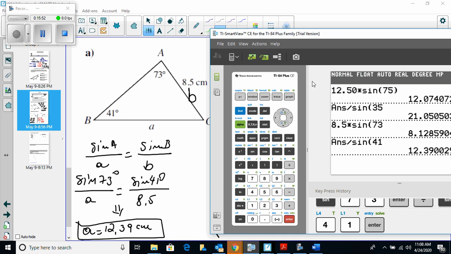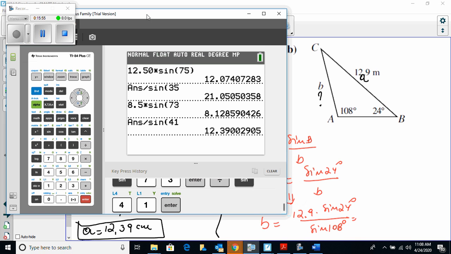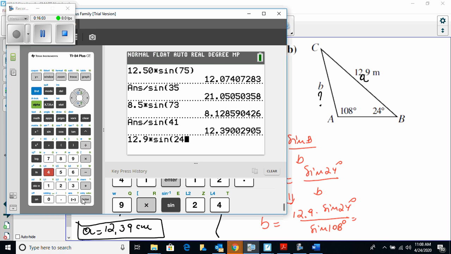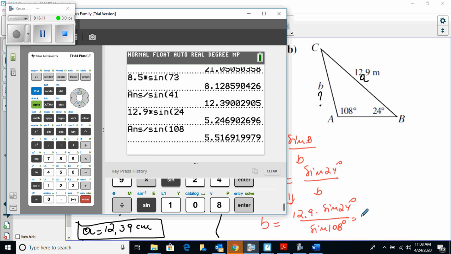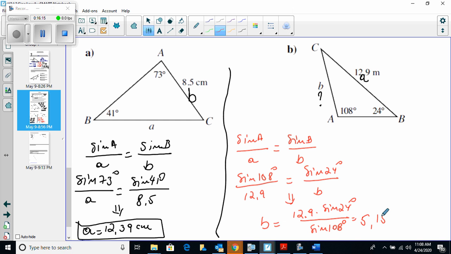Using the calculator, 12.9 times sine 24 divided by sine 108 equals 5.15, if I'm not wrong.